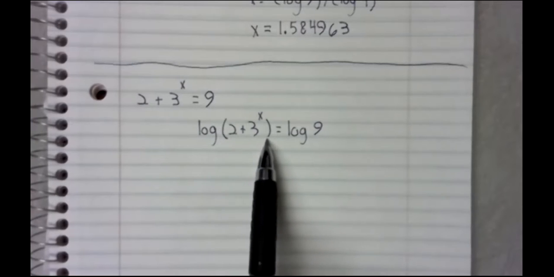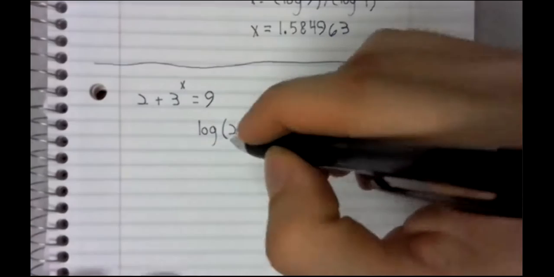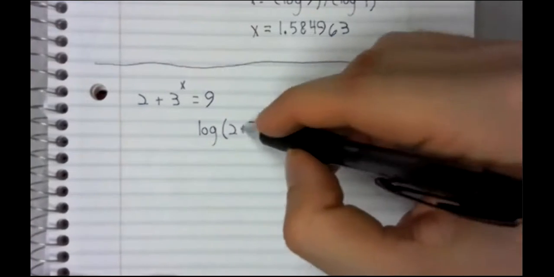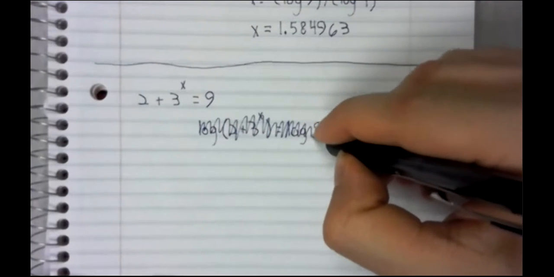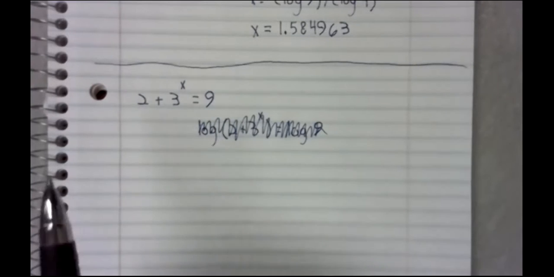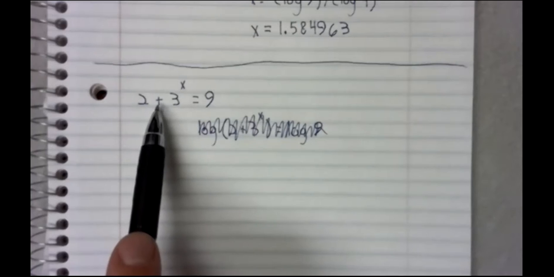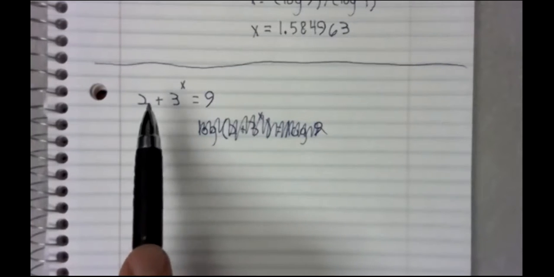There's no way to simplify this logarithm and get x by itself. So this is a true thing to write, but it's not a useful thing to write. We need to get rid of this addition before we take a logarithm.